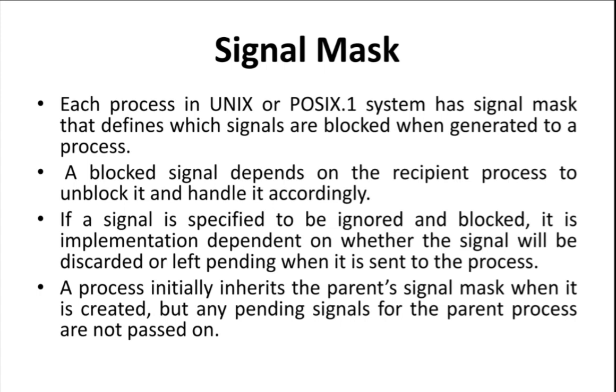And if a parent has any pending signals, those pending signals won't be passed to the child process. Pending signals will remain in the parent itself. So the parent's signal mask will be inherited by the child process, and the same signals blocked by the parent will be blocked by the child too. Hope you are understanding, guys.